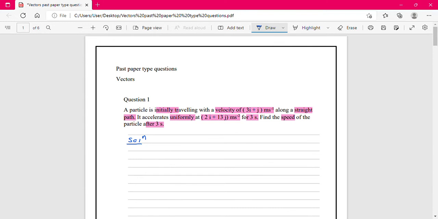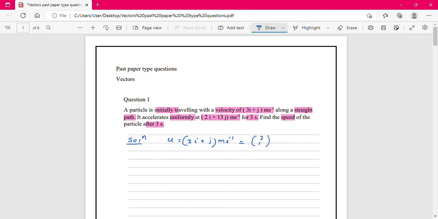Now, what things are given to you? The particle is initially moving with a velocity. That means u is given to you, 3i + j meters per second. And as I told you already, whenever the vector is in ij form, write it in column form.